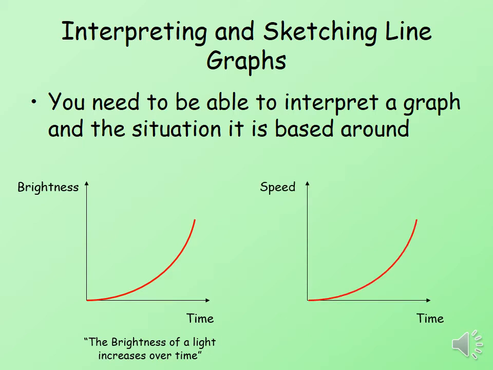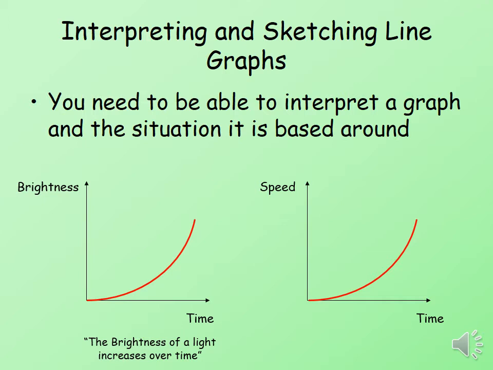So here's another one. As you can see, the two variables are time on the x-axis and speed on the y-axis. What statement could you make on looking at this diagram, given that it's got time and speed as variables?